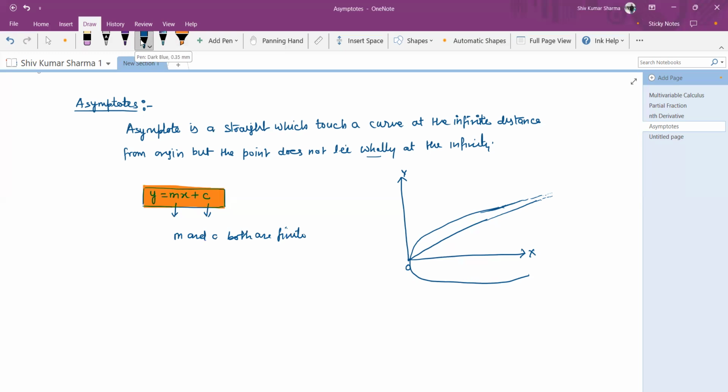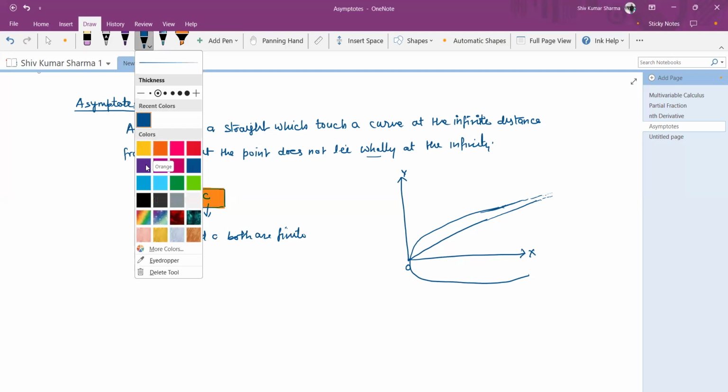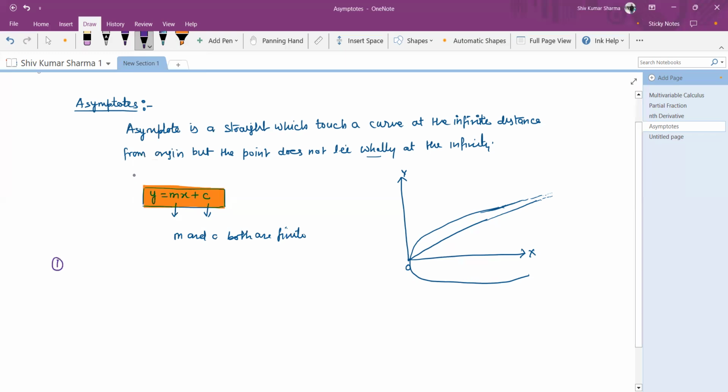For obtaining the oblique asymptotes, we use the older formula when any particular equation is given. So we start with one example. First we write down the types of asymptotes: oblique asymptote and parallel asymptote.